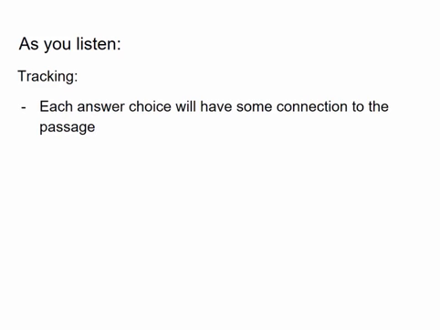But first, as you listen, as the speakers are talking and you're trying to answer questions, it's important to keep in mind that each answer choice will have some connection to the passage. IELTS never just gives you an answer choice that's wildly wrong, that's clearly wrong and easy to figure out. Each answer choice will have some connection.